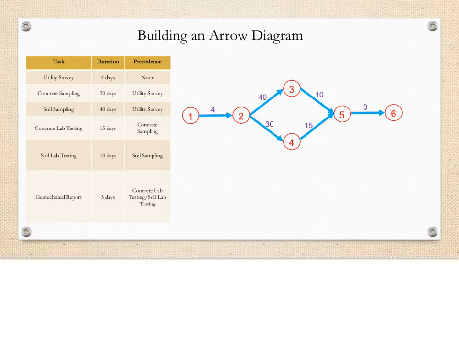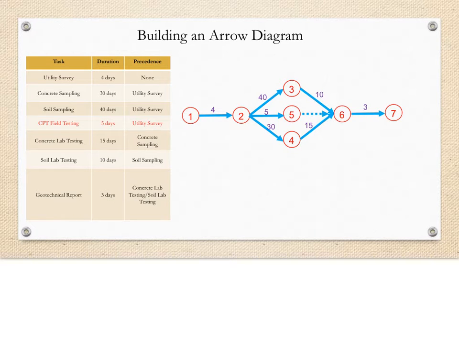So if we look at the arrow diagram we created in the last class, we need to make an adjustment to fit in this new task. We add task 2.5 for the CPT test with a duration of 5 days. Now task 2.5, like I said, doesn't return any samples, so there's no sampling task that's dependent upon it.